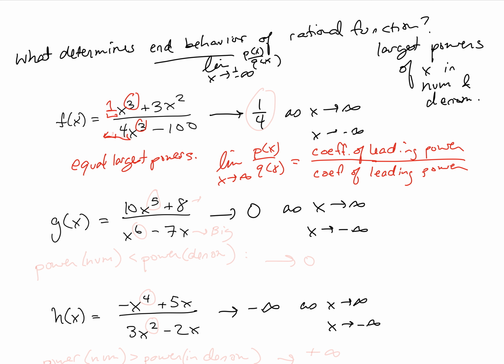There was a 1 in front of this, so 1 is the coefficient there, and there's a 4 in front of that. So it's the ratio of the coefficients if they have equal largest powers.